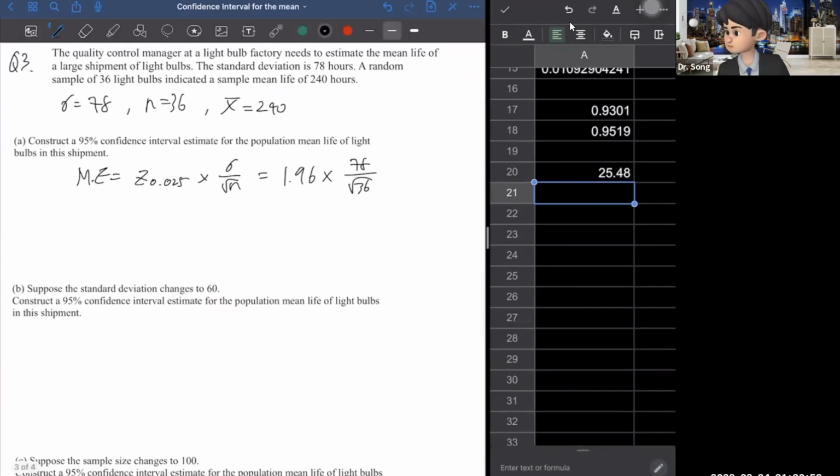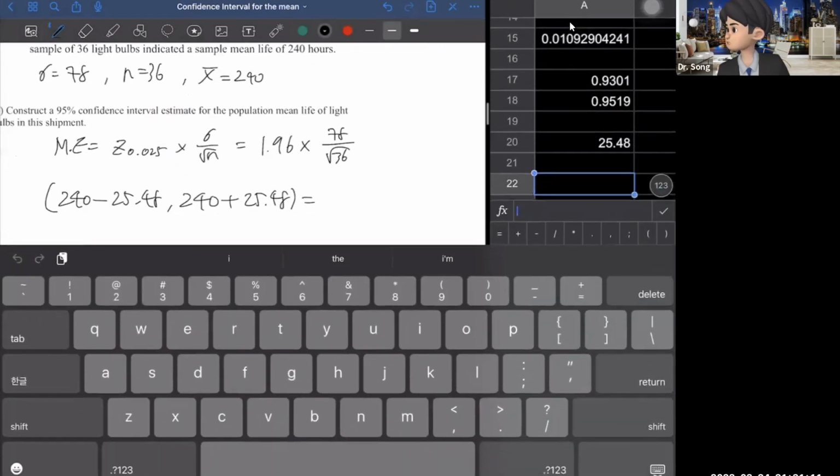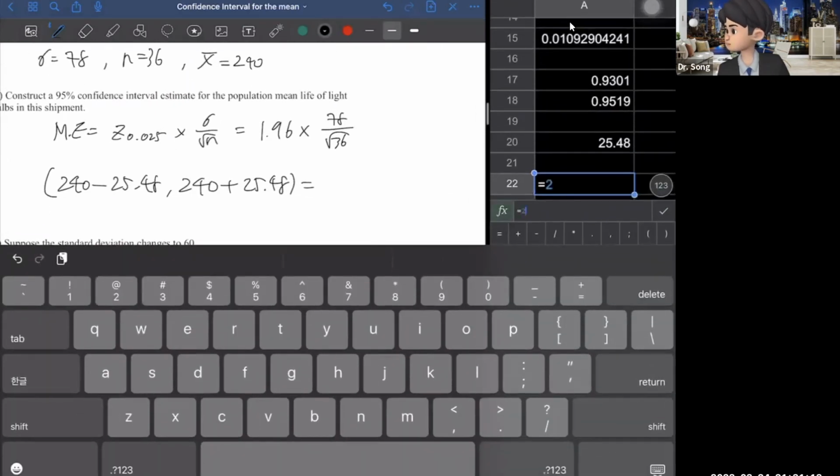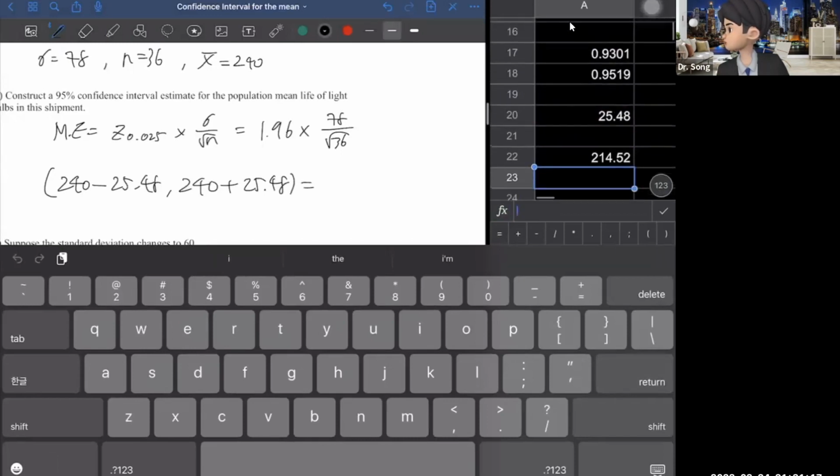That means the confidence interval is the following. 240 minus 25.48, that's the lower bound. 240 plus 25.48 gives you the upper bound. Okay, so let me calculate the lower bound and the upper bound. So 240 minus this margin of error, that's the lower bound. 240 plus this margin of error gives you the upper bound.